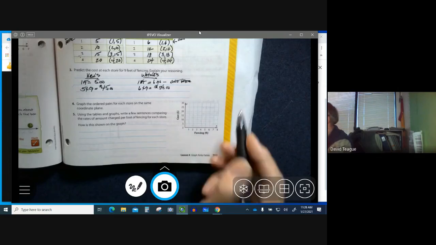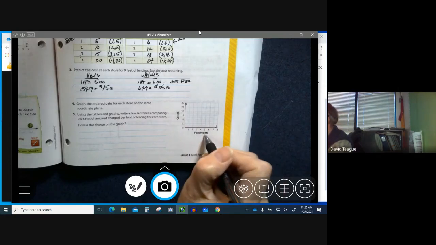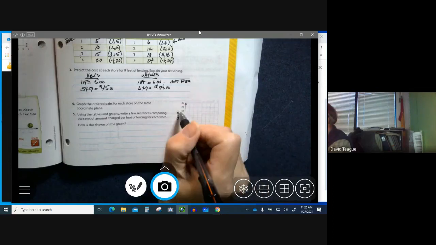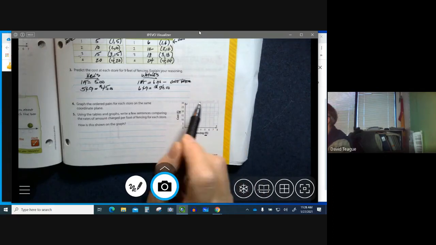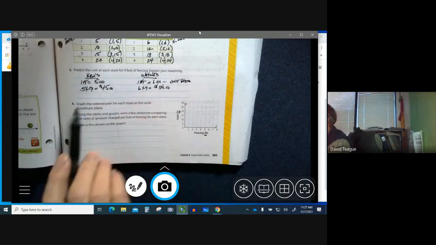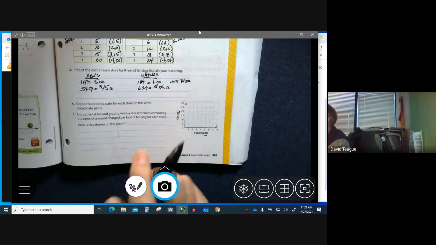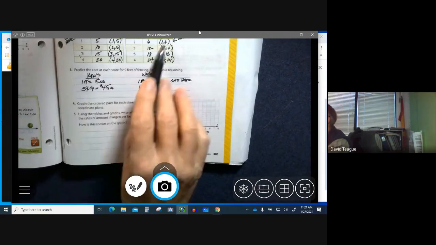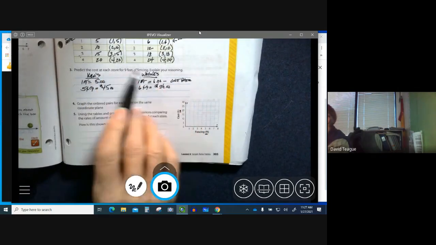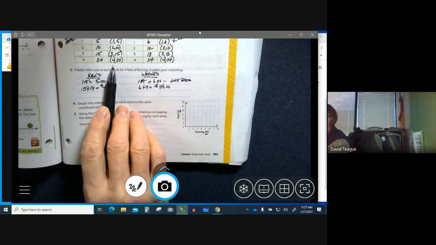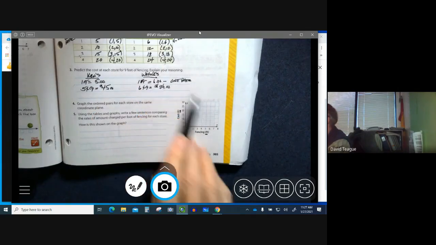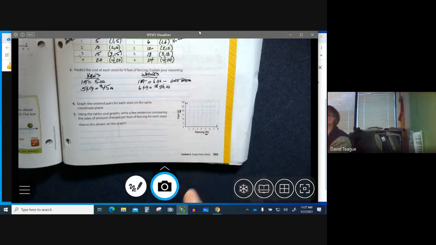Okay, and just remember, this is fencing, this is feet, and this is cost, right? Okay, so 4 minutes. I want you to graph all those. So you're going to have a total of 4 points for Ken's, 4 points for Wayne's, and then I want you to label the line. Which one's Ken, which one's Wayne?